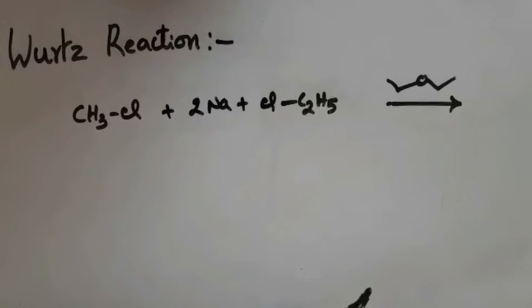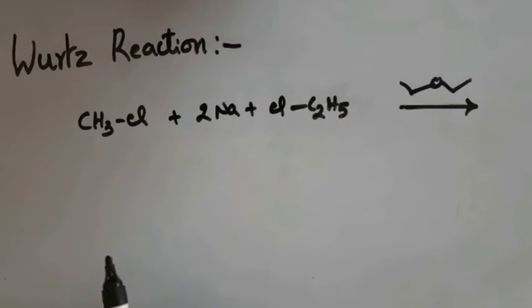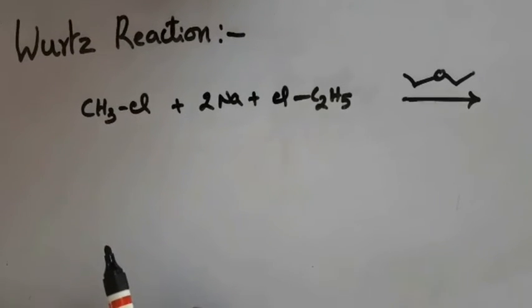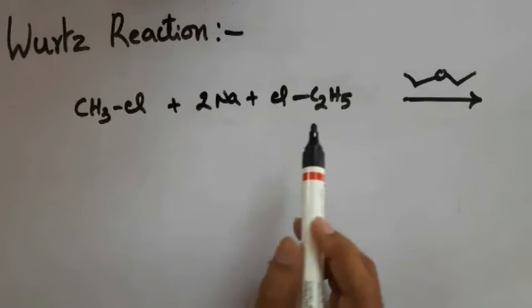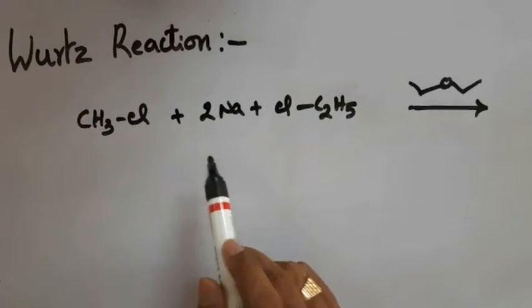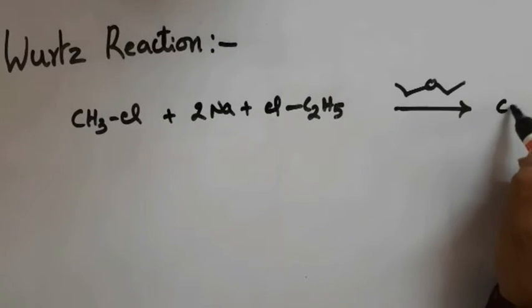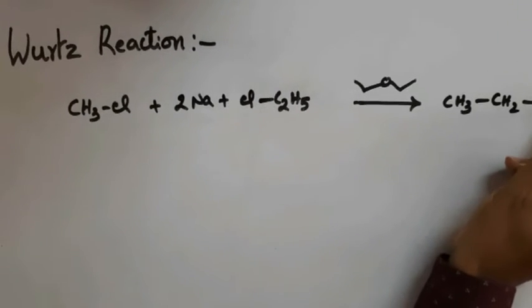I already told you that Wood's reaction is useful for the preparation of symmetric alkanes. Contrary to that, suppose one tries to prepare propane by taking methyl chloride on one side and ethyl chloride on the other side, treating with sodium metal. He thought that he will be getting only propane, CH3-CH2-CH3.